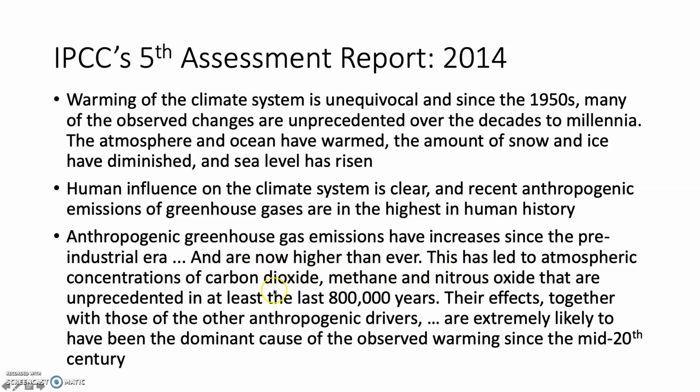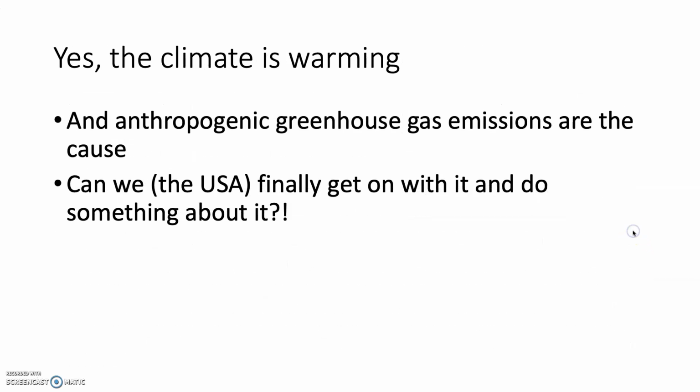This has led to atmospheric concentrations of CO2, methane, and nitrous oxide that are unprecedented in at least the last 800,000 years. Their effects, together with those of other anthropogenic drivers, are extremely likely to have been the dominant cause of observed warming since the mid-20th century. So, yes, the climate is warming, and anthropogenic greenhouse gas emissions are the cause.